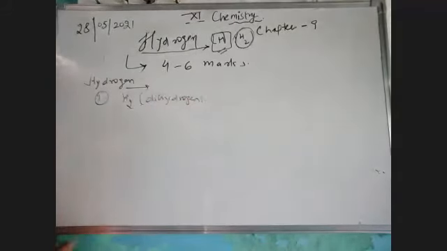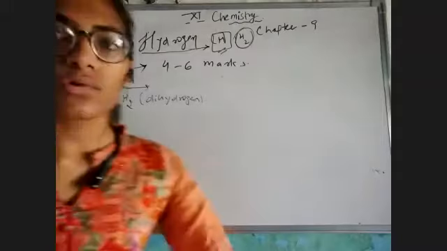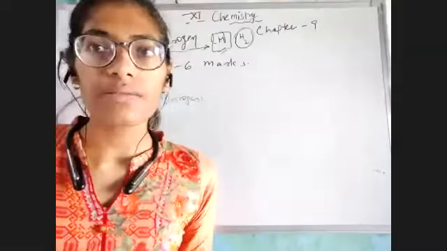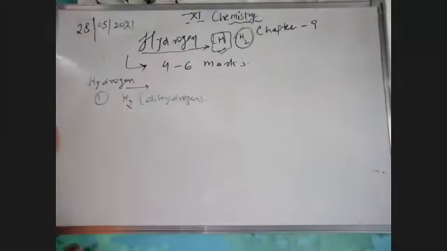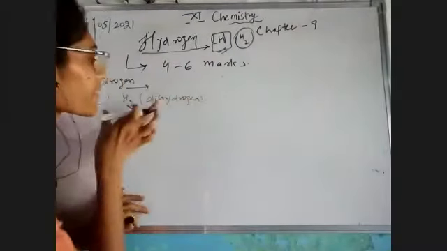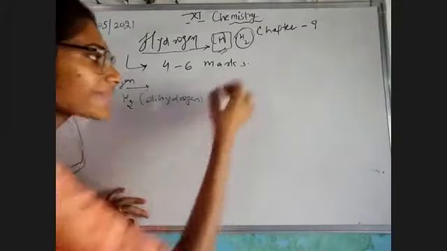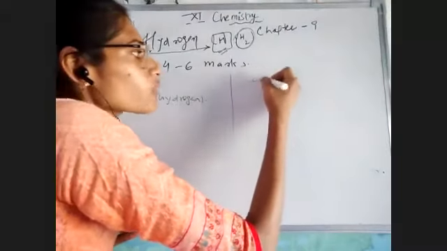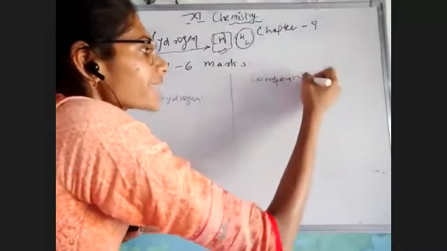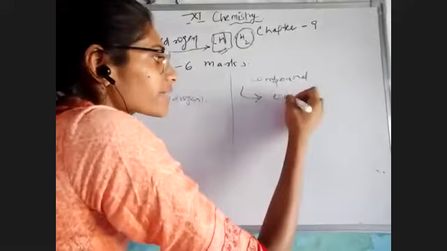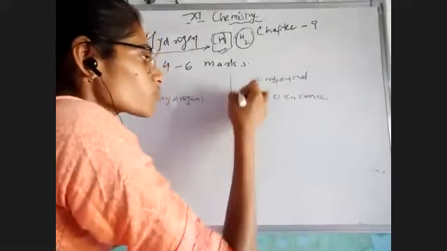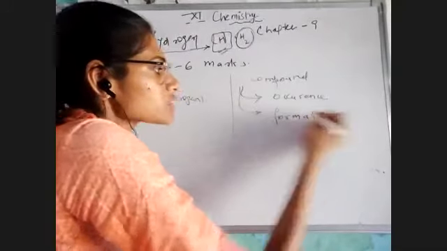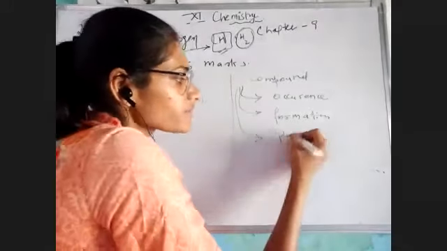Not only for this chapter, I'm talking about the complete chemistry, organic or inorganic chemistry: whenever you have dihydrogen or any kind of compound, we have to study first its occurrence, second its formation, and last its properties.